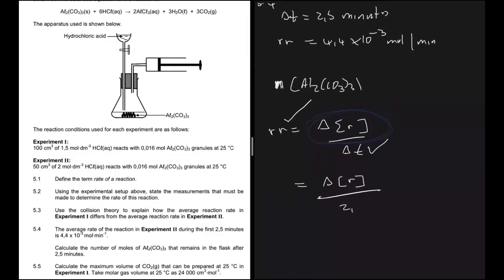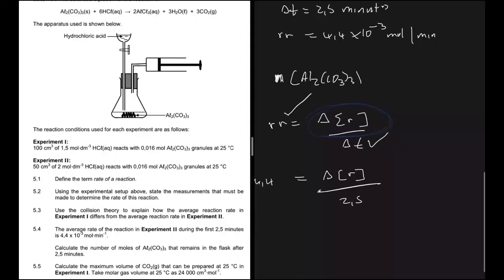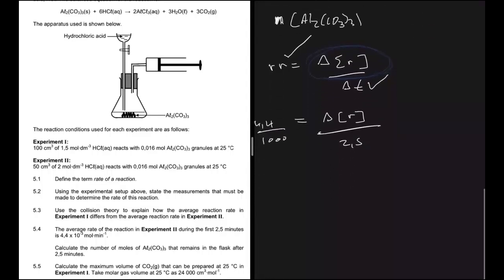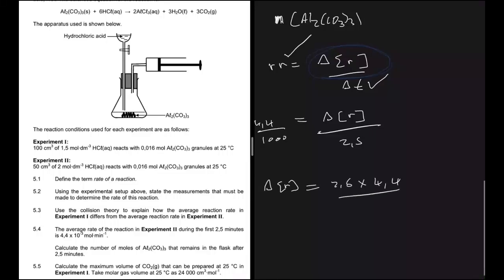Time is supposed to go here, 2.5, and then here we have the reaction rate, 4.4 times 10 to the minus 3. That is the same as divided by 1000, right? And now if you make this change in the concentration of R the subject, we get 2.5 multiplied by 4.4, everything divided by 1000.